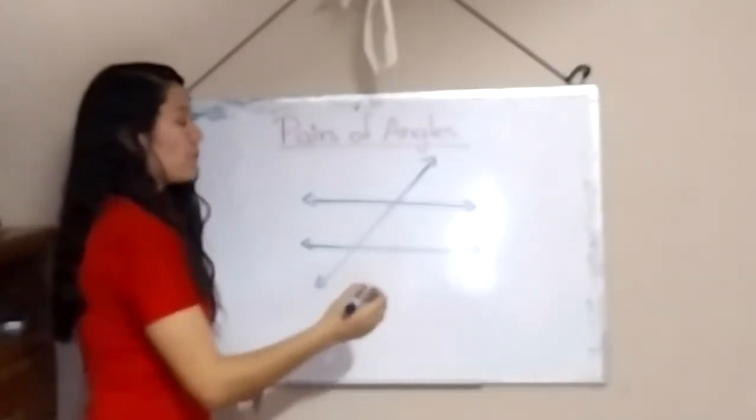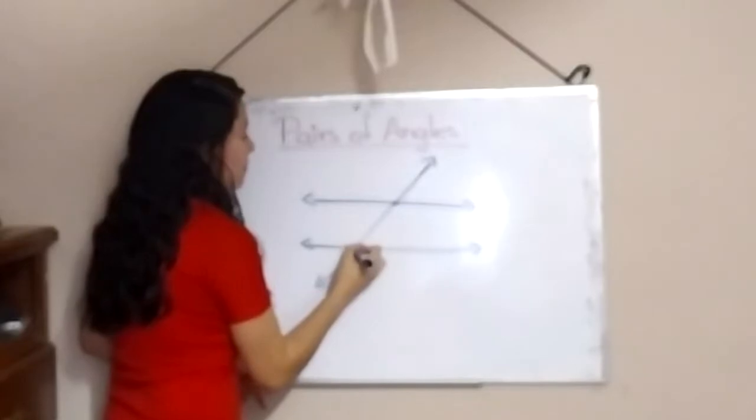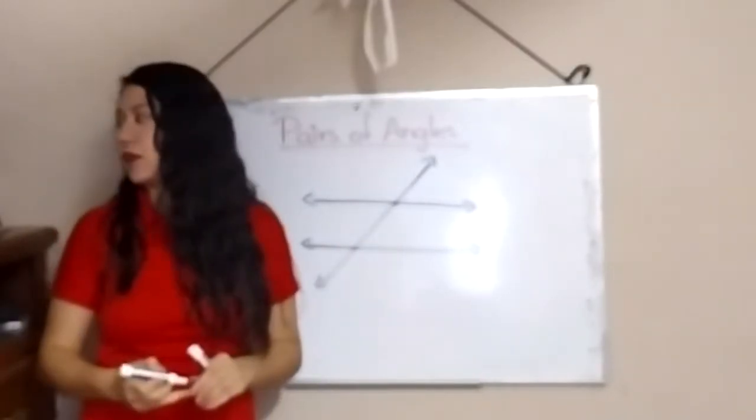Here we have 8 angles that have been formed. We can number them.